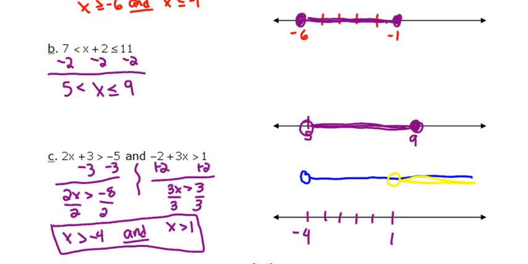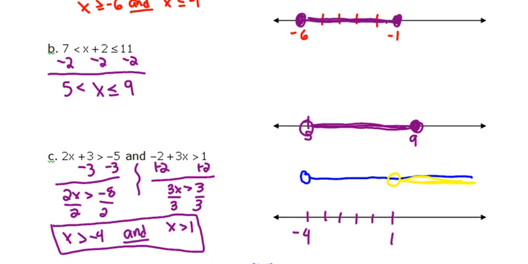Now if you notice, this looks a little bit different. In all of our other examples, the overlap of the two graphs has been in between the two circles. This one, if you notice, the overlapping graphs is where x is greater than 1.